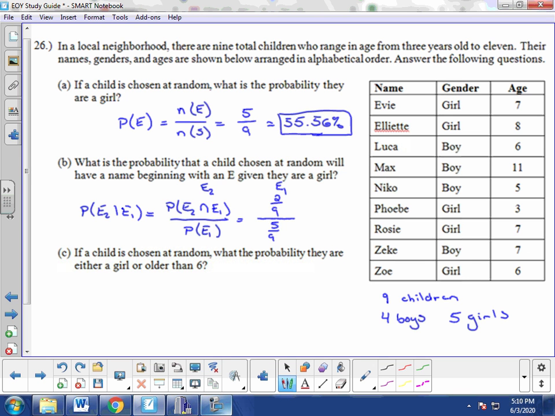So if we simplify this, multiply by the reciprocal of the denominator, this would end up being 2 over 5 or 40%. Another way to do this is by simple quick counting.